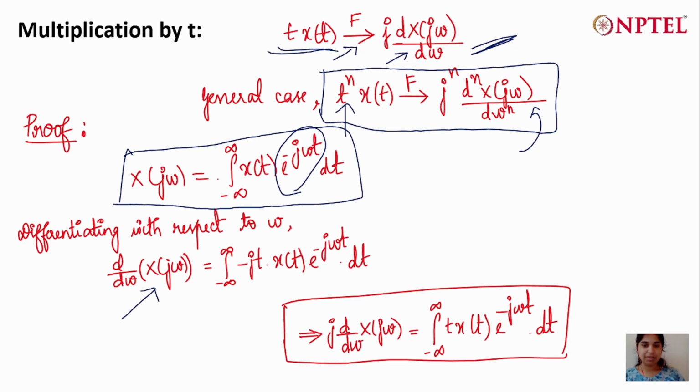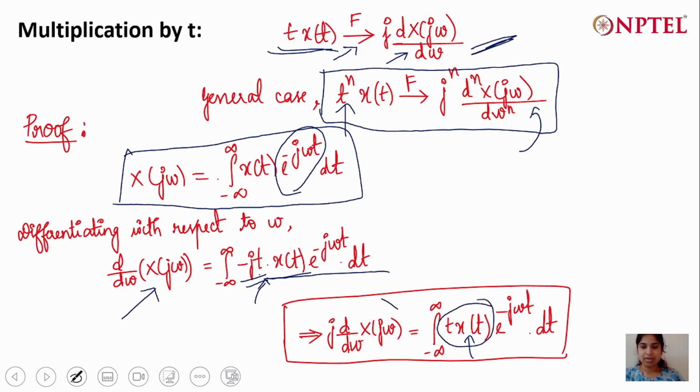If I differentiate this, I get minus jt into e power minus j omega t into x of t dt. Correct? This minus j we can take to the left hand side, and then you will have t into x of t e power minus j omega t dt. So the Fourier transform of this is this.